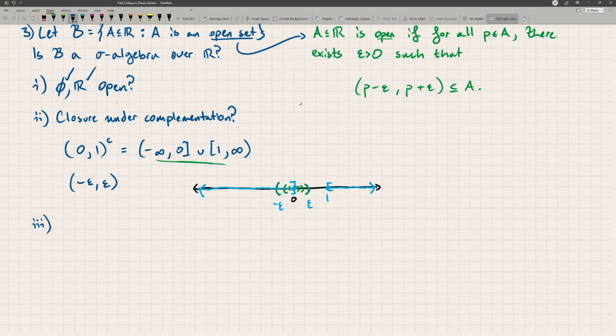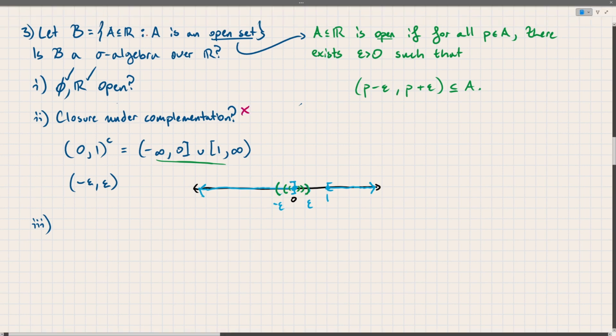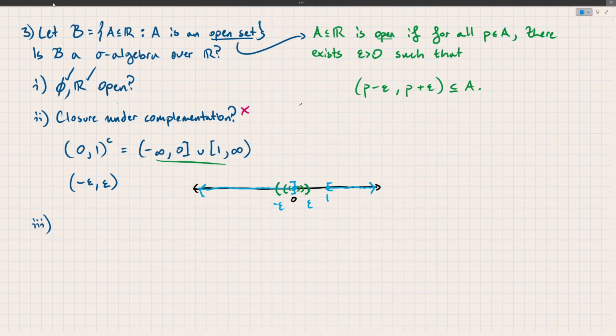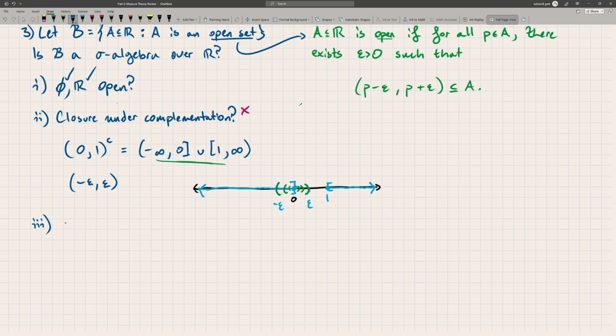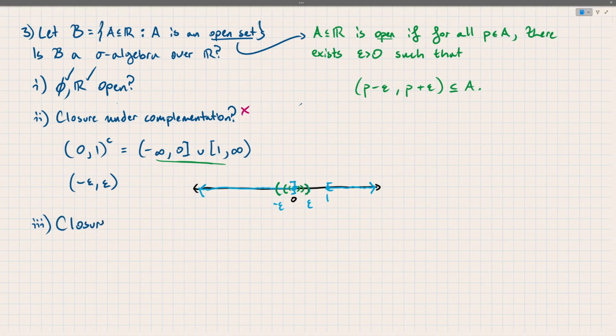So while this does not work, the third property actually holds, which is closure under countable unions. And this is a good exercise to do. I won't do it here, but if you are new to these definitions of open and closed, I recommend you do it. So this collection of sets is closed under countable unions.